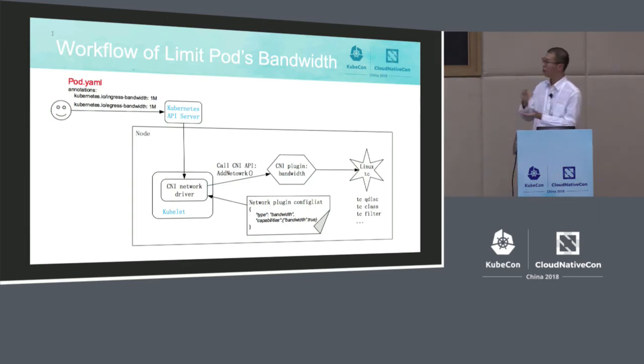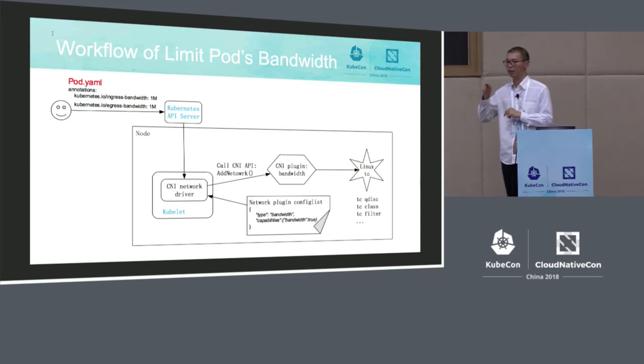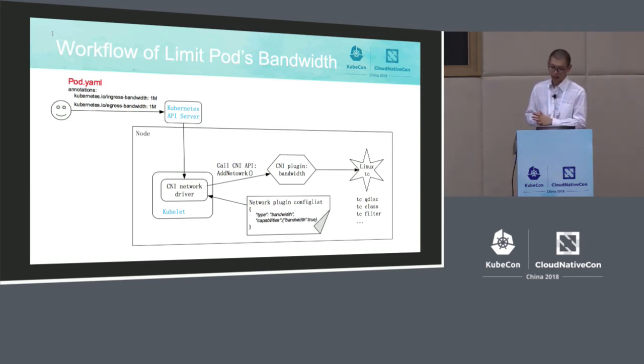So let's have a look at this flow again. This is the Kubernetes API server. Then on the kubelet, we have a driver. When creating the pod, we will call the CNI API. And then it will go into the CNI plugin for the bandwidth.